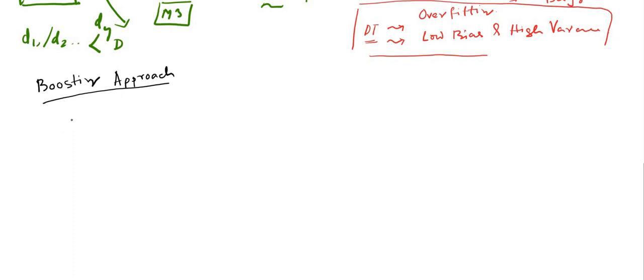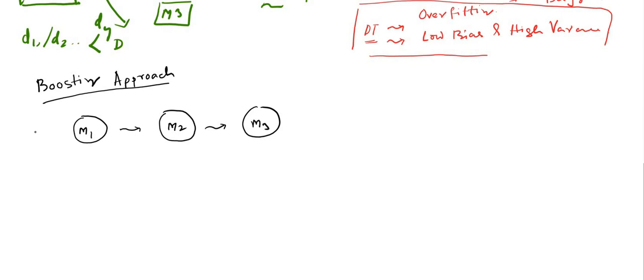In the bagging approach we saw that we are building some models, and all the parallel models give us the result. The boosting approach is a little different. Here we are building multiple models, but first of all, they are not in parallel, they are in sequence.